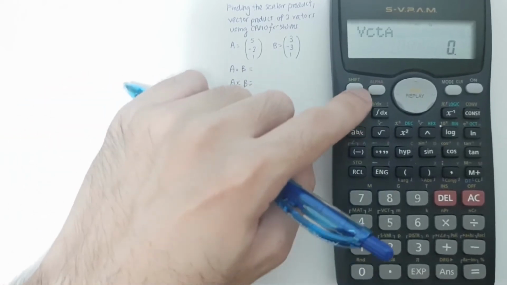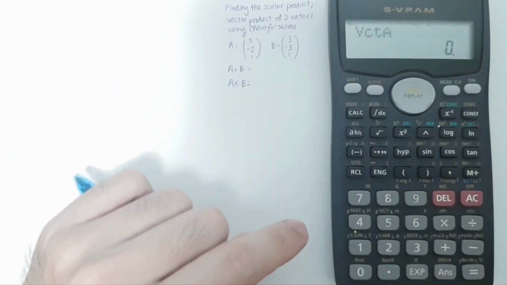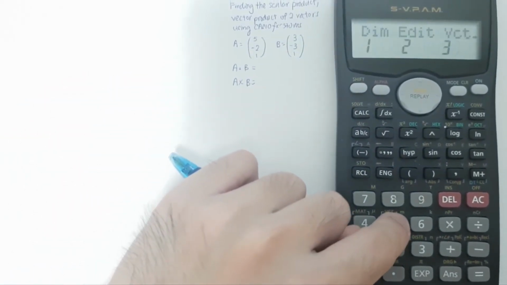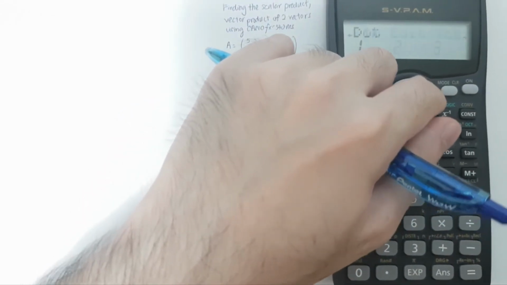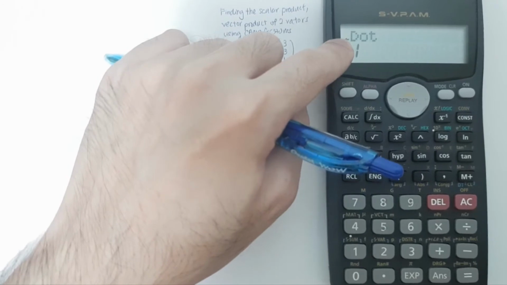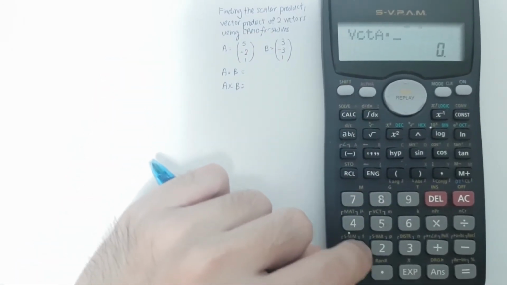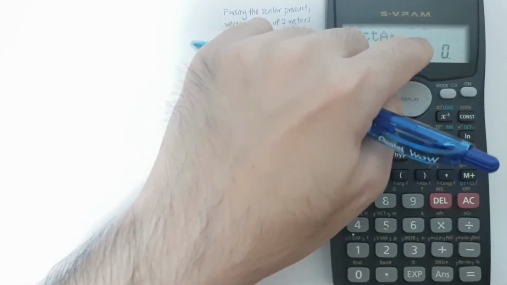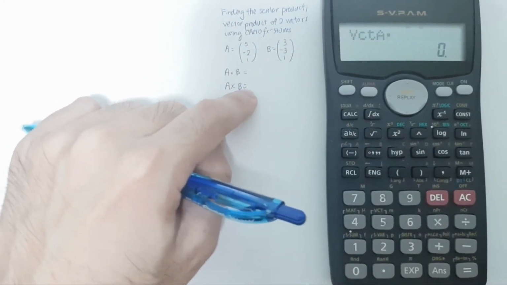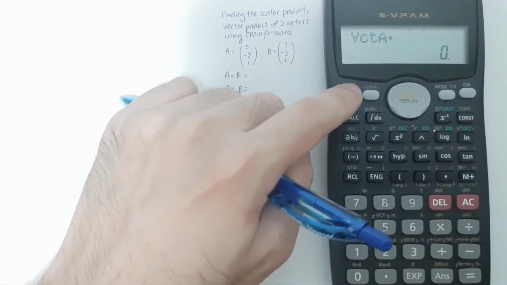After which we have to insert the dot button. To do so, we press Shift and then number 5, which represents VCT. We press the right arrow down here and we press number 1 to indicate a dot. And last but not least, we include vector B, which is the same thing.